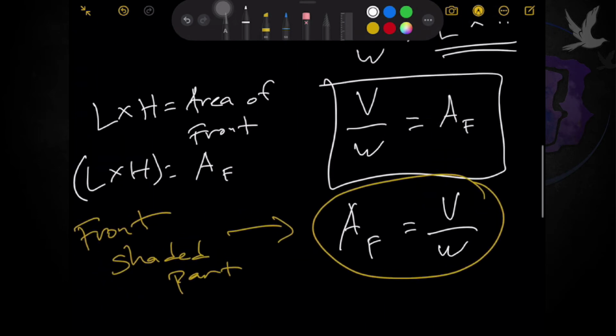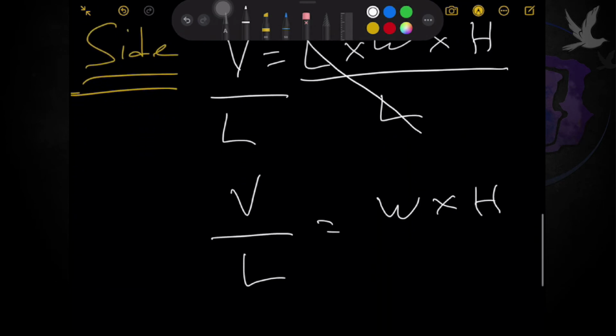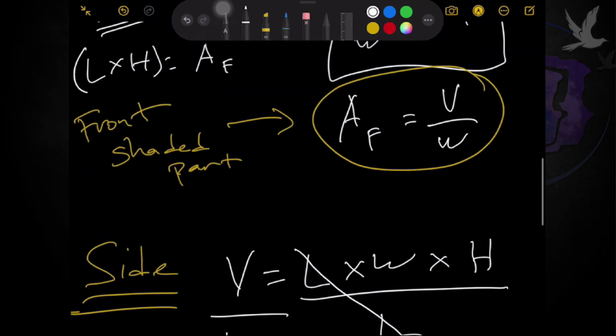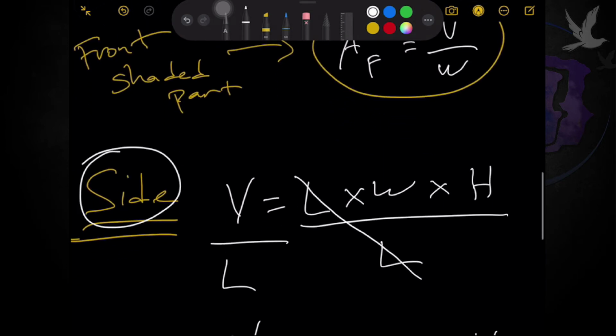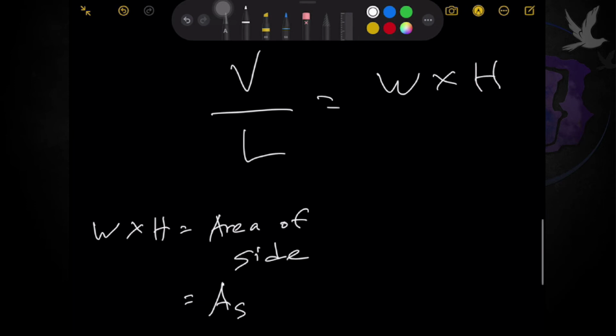Okay, kung kanina ang L times H is the area of front, we can also say that width times height is basically the area of side. Okay? So, area of side yan. So, ibig sabihin, ang WH can be written as area of side.